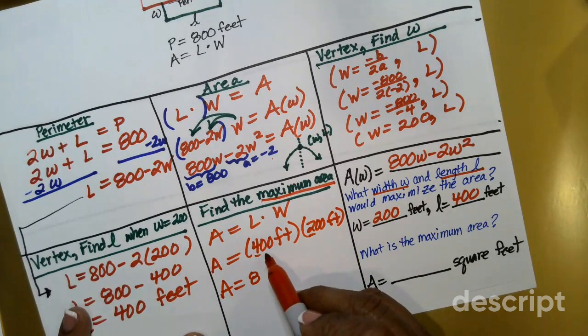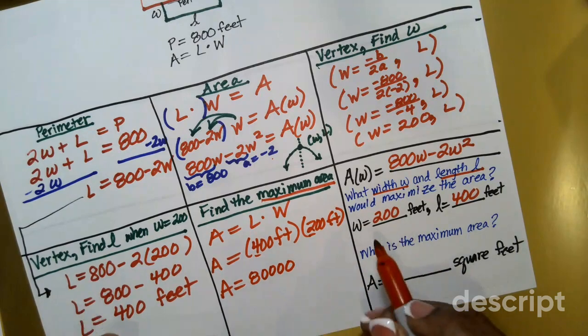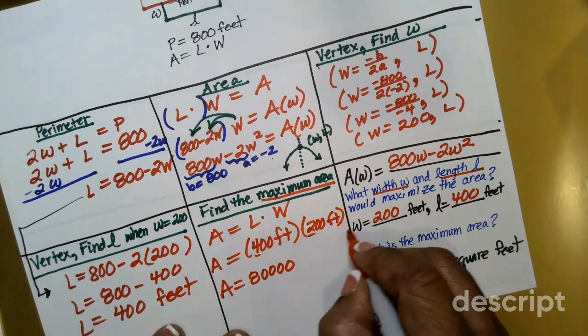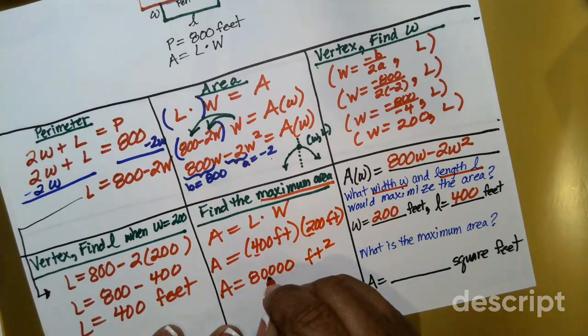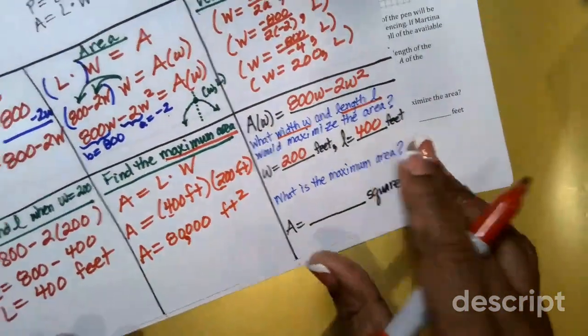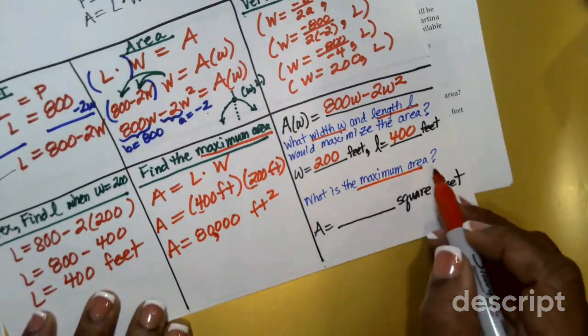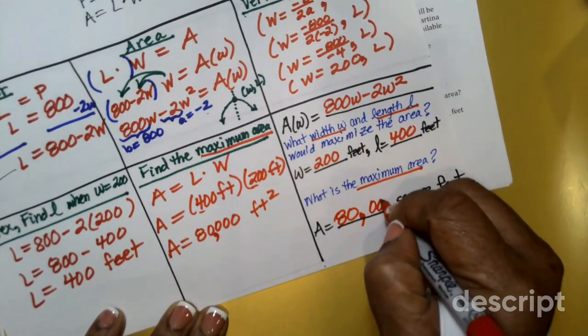Then we have 4 zeros involved. 1, 2, 3, 4. Then we have feet times feet, which is feet squared, or square feet. And that is our final answer. What is the maximum area? 80,000 square feet.